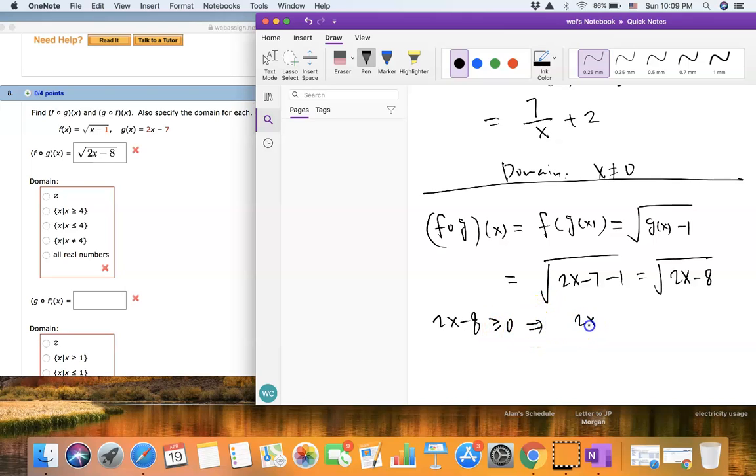So 2x has to be greater than or equal to 8, and x has to be greater than or equal to 4. So we divide 8 by 2.